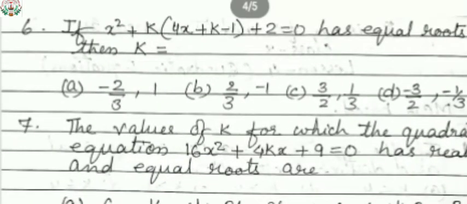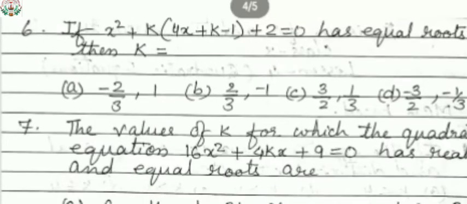If x square plus k into 4x plus k minus 1 plus 2 equals to 0 has equal roots, then k equals? Now first, simplify that quadratic equation which is given. You multiply k with the bracket, that is 4x plus k minus 1.